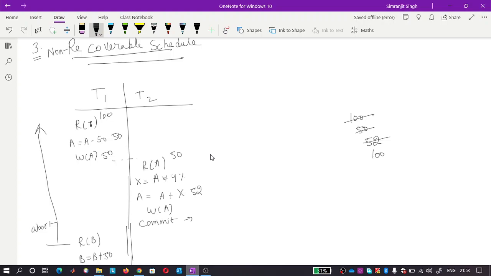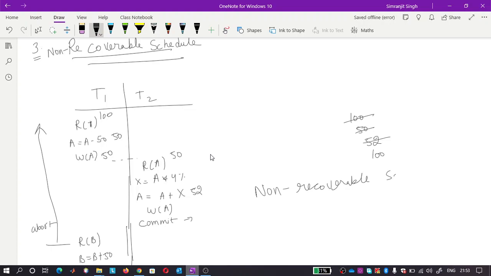Because T2 has already committed before T1, I may not be able to roll back. Because if I have committed first, the changes are permanent. I cannot change the value to be 100. So if it is aborted, it will not be undone because a commit has already been made. So I cannot recover this transaction T2. So that is why this is referred to as a non-recoverable schedule.